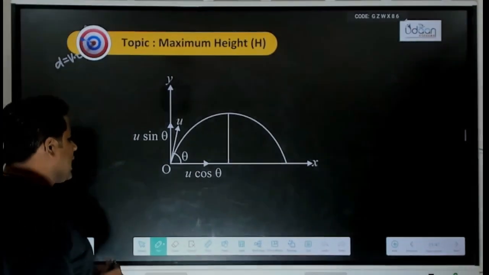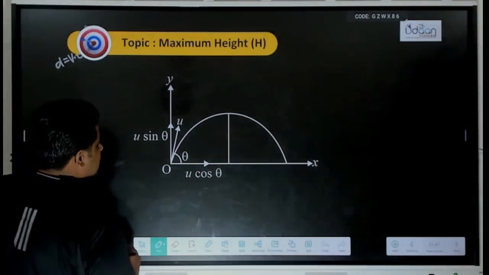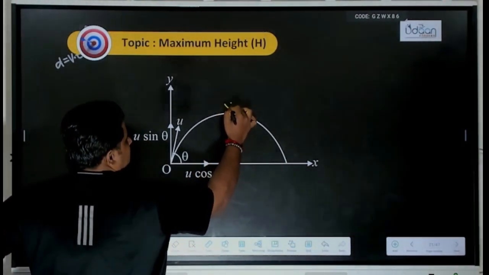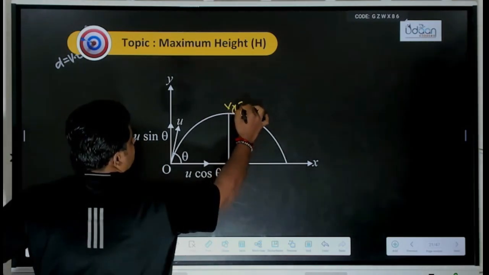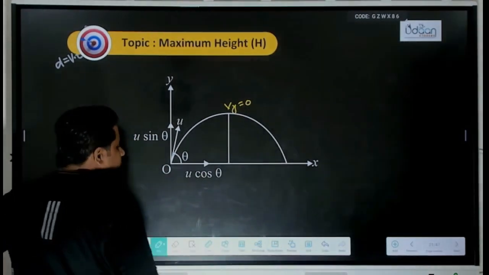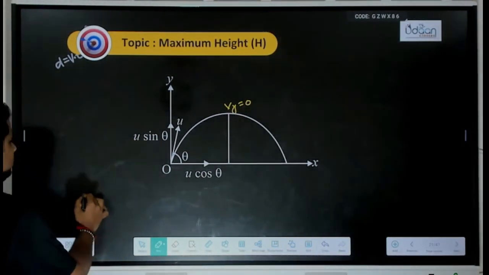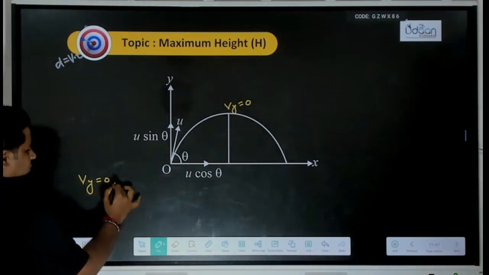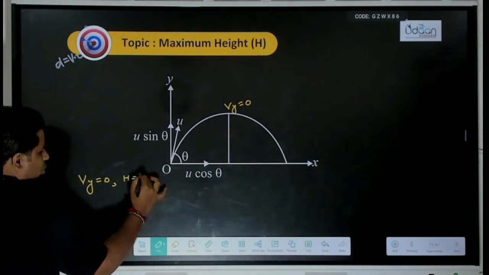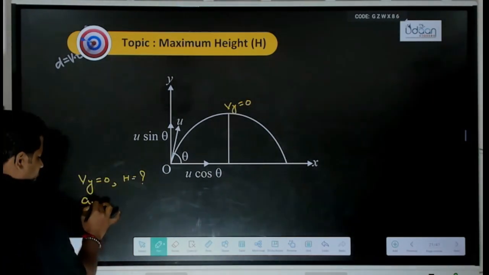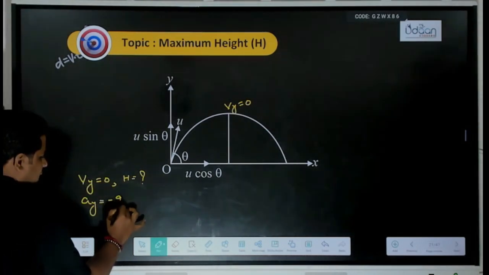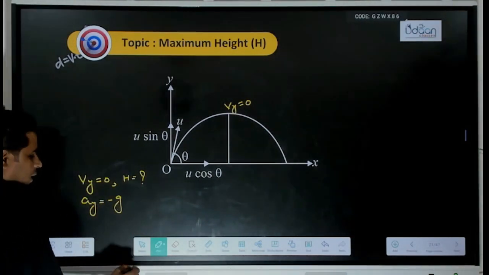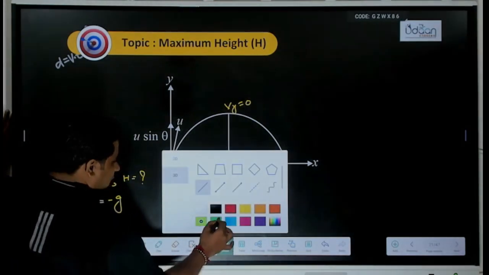What I mean to say is that at the maximum height the value of final velocity will become 0. We need to find out the value of height, and the acceleration on the y-axis, we all know, is minus g.